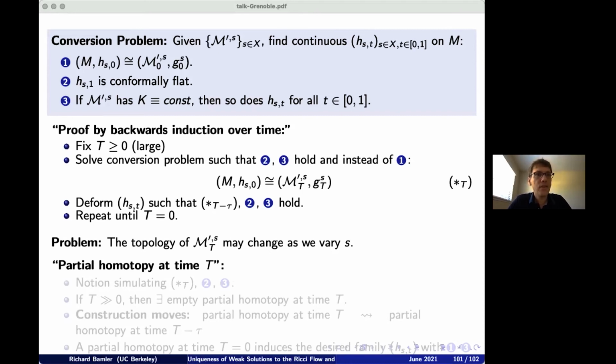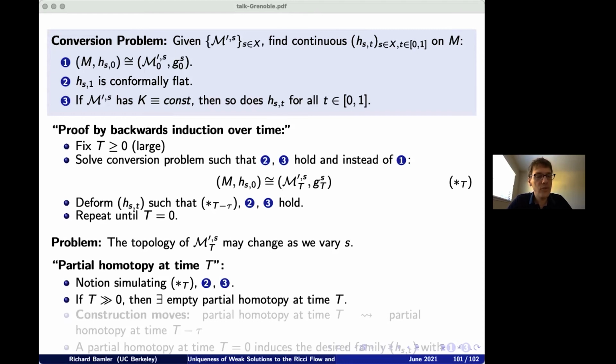So a partial homotopy is essentially a family of Riemannian metrics on M that satisfies proposition 2 and 3, as well as some kind of version of this property, and it has the following properties.